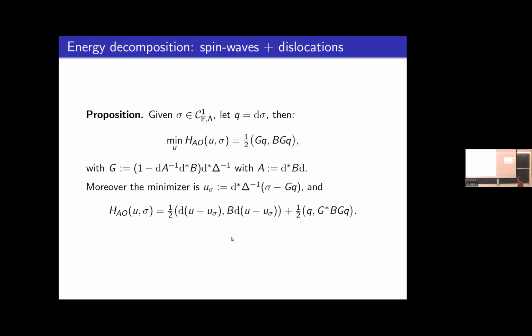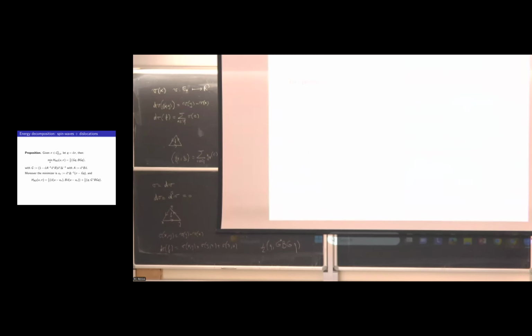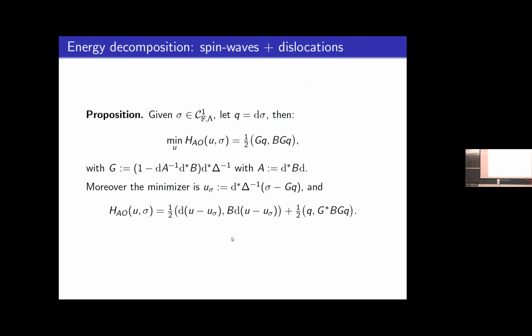So somehow this quadratic form can be written moving the G on the left to the right using the adjoint operation. So this thing here, this G star VG, plays the role somehow of the effective Green function describing the two-point interaction between dislocation core and dislocation core.